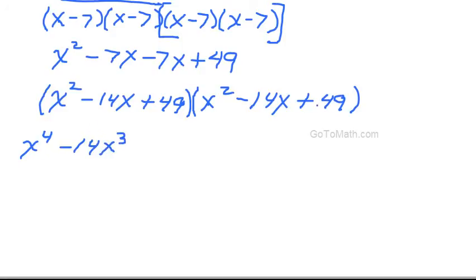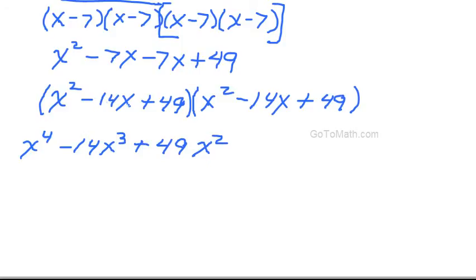Alright, x squared times 49 is plus 49x squared. Alright. Now we're going to do this one. We're going to multiply that by each one of these terms, and then we'll do 49 and multiply it by each one of the terms. Okay, and I think I'm going to end up running out of room over here on the right, so I'm just going to write this down below.